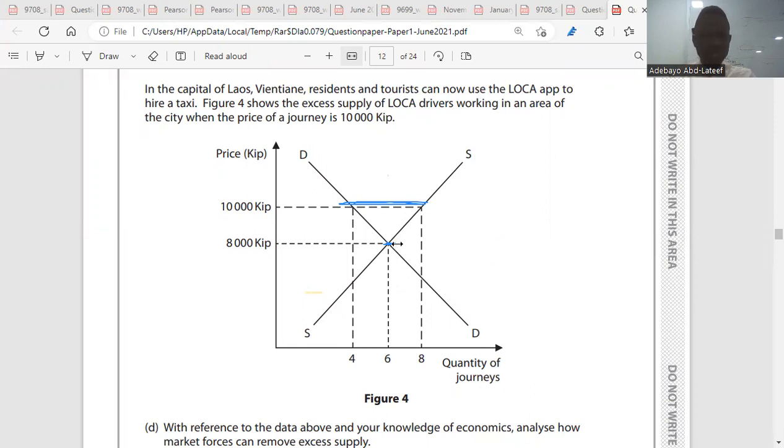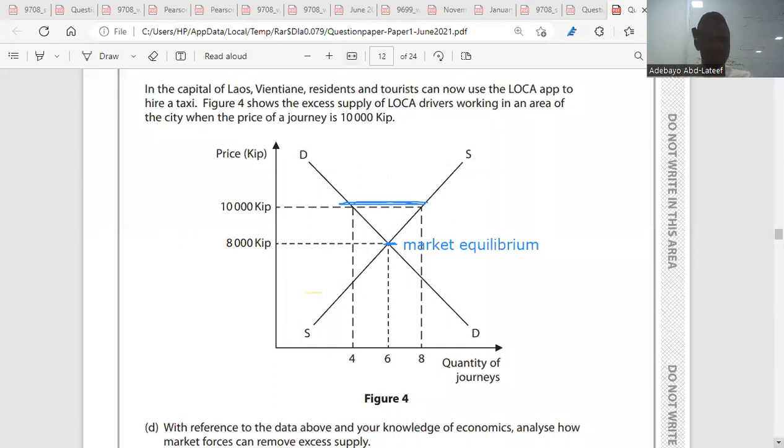So price should be set at 8,000 if the market forces want to correct the excess supply. That's the answer for that.